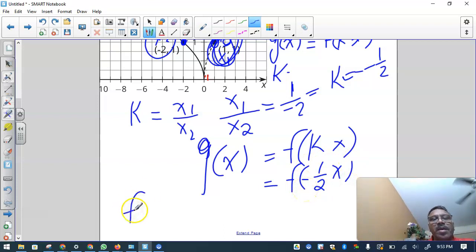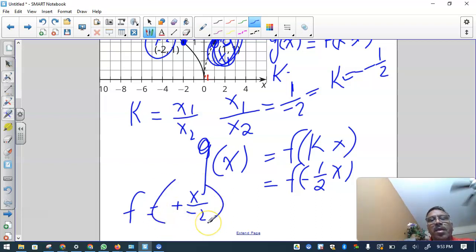Or it can also be written as f of x over minus 2. So I can write this this way. Where the number in the denominator is minus 2, it basically means it stretches by a scale factor.